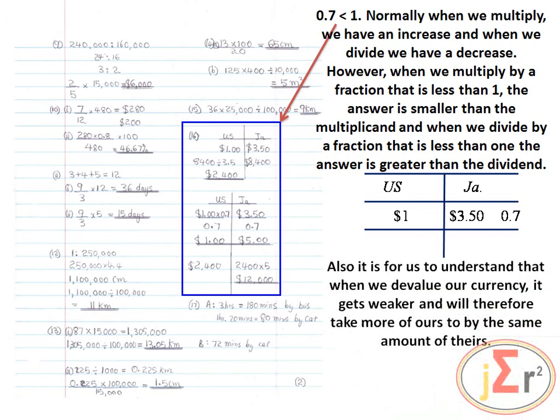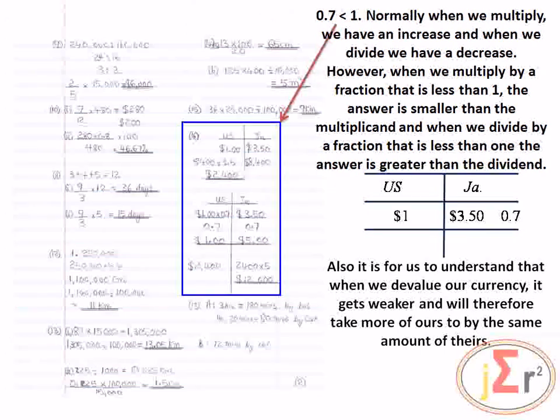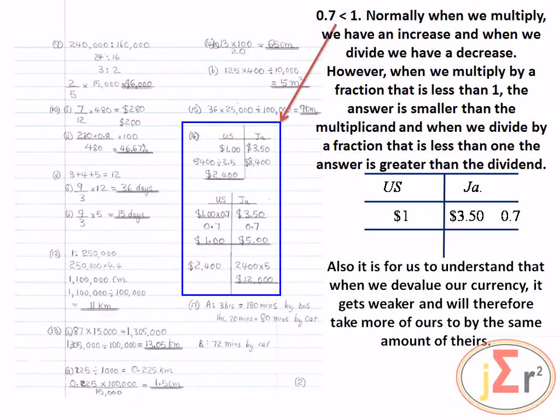Also, we need to understand that when we devalue a currency, it gets weaker, and we will therefore take more of ours to buy the same amount of theirs. So if our Jamaican currency devalues, it gets weaker, and if it gets less in purchasing power, then it will take more of ours to purchase theirs.